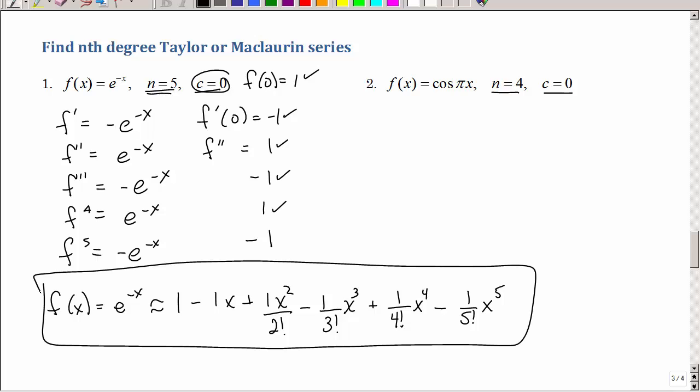Graph those two functions. Graph f of x is equal to e to the negative x, and then graph this polynomial out to the 5th power, and it's a pretty near match.